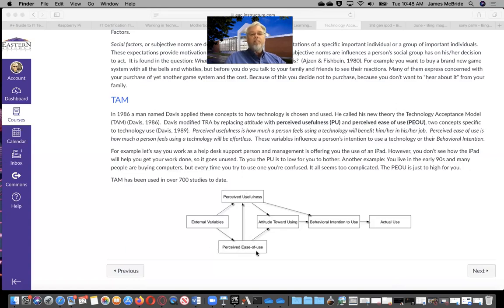That forms their attitude towards using. And that attitude towards using then influences their behavioral intention to use it. So my attitude is formed that it's going to be pretty easy and pretty useful, so I think I'll use it when you give me one. I think I'll give that a shot. Right? That's how TAM works. That is basically the whole situation that a person goes through.